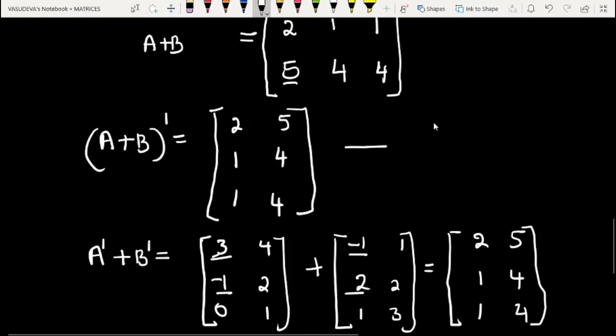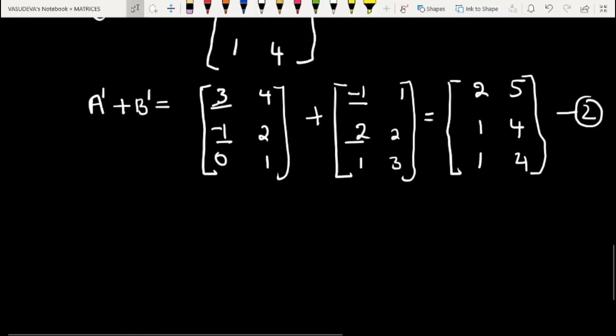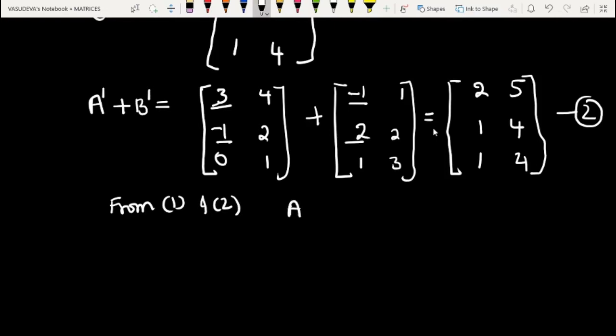See, this is 1, A plus B whole dash, and A dash plus B dash is 2. So from 1 and 2 we conclude both matrices are equal, that A plus B whole dash is equal to A dash plus B dash.